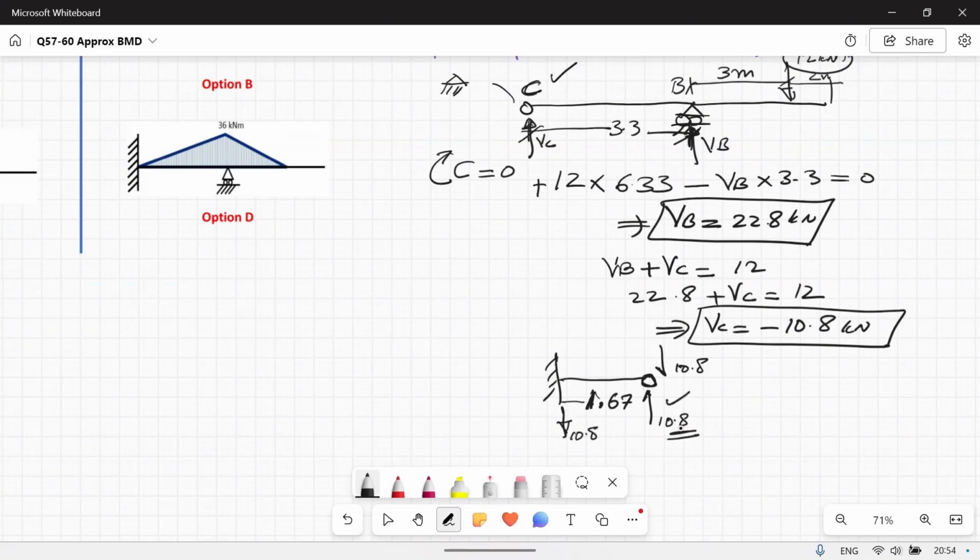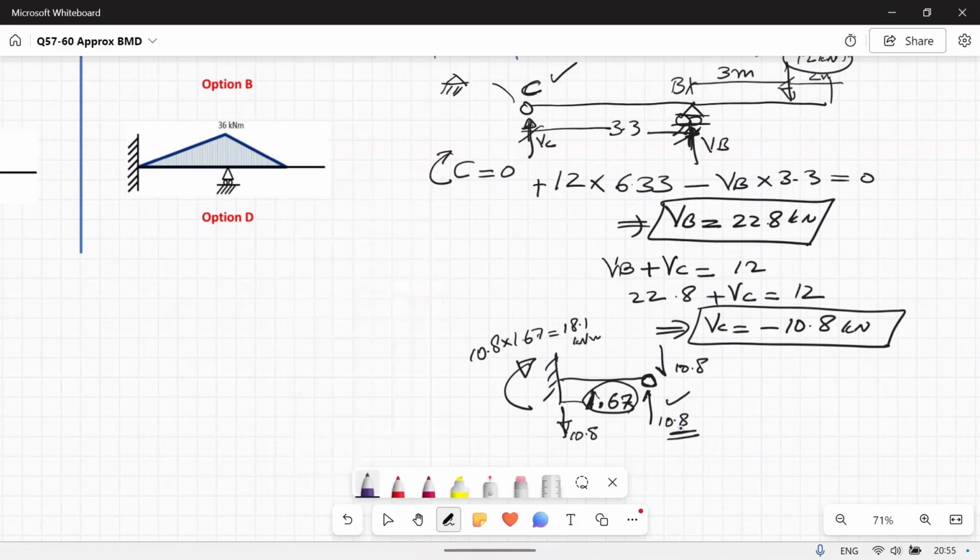And if this force is creating an anti-clockwise moment, then I should have a clockwise moment over here. So 10.8 times this 1.67 will give me 18.1 kilonewton meter clockwise moment from the left side, which will generate a sagging moment.